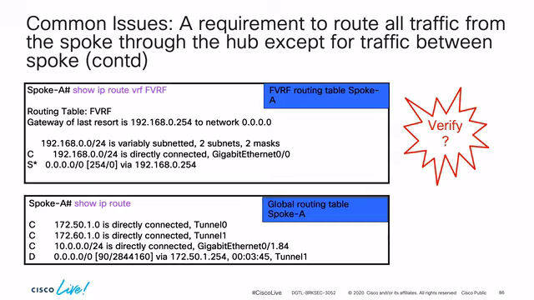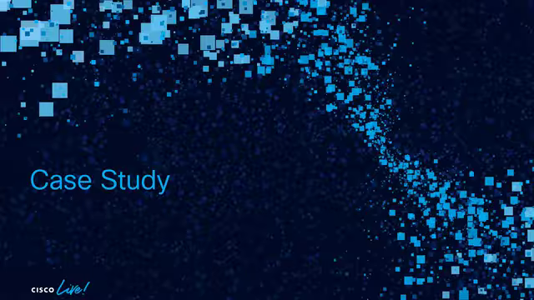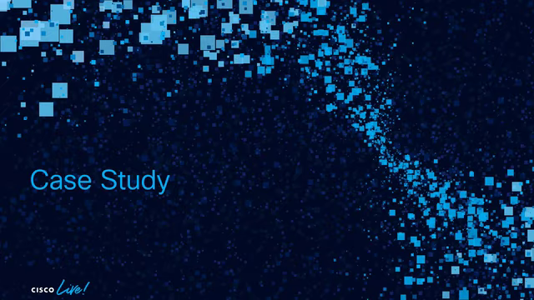So we've completed the DMVPN modules. We have looked at the different components with respect to the physical layer, the encryption, GRE, NHRP, and the routing. We've looked at the mandatory configuration commands, the show commands, and the debug commands for each one of these modules, and some of the common issues that we have seen.